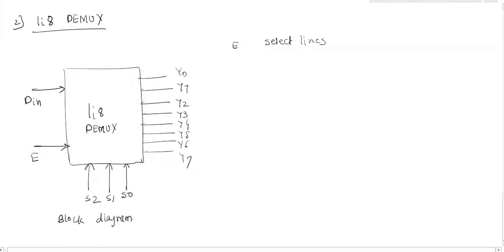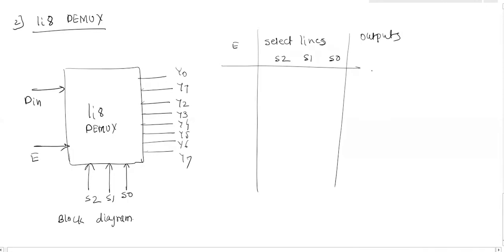The data input may be either 0 or 1, so directly we'll consider the data line. The select lines are S0, S1 and S2, and the outputs are Y0, Y1, Y2, Y3, Y4, Y5, Y6 and Y7.